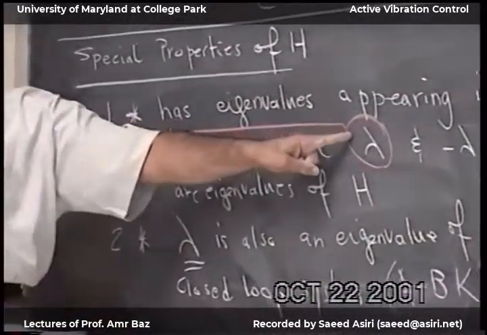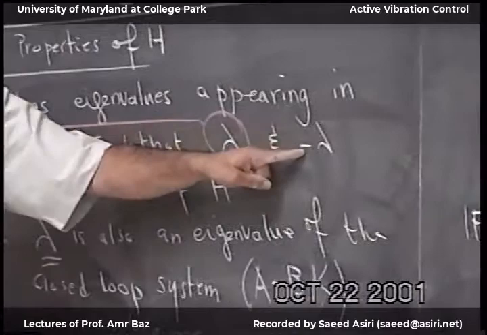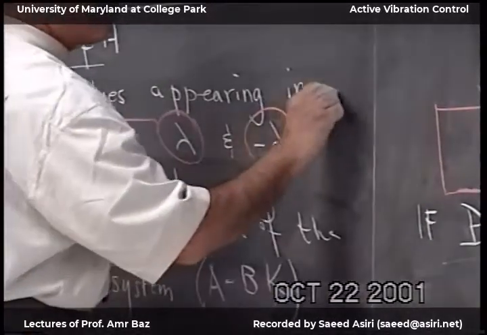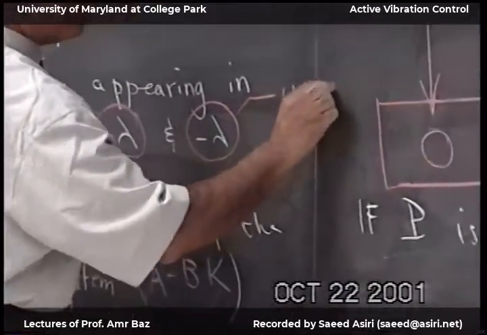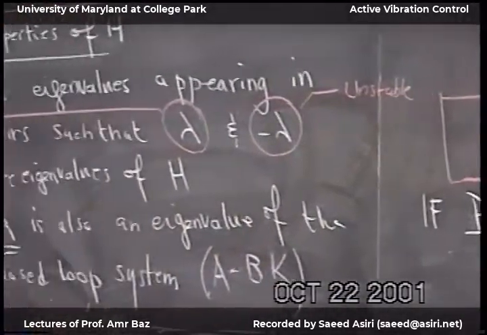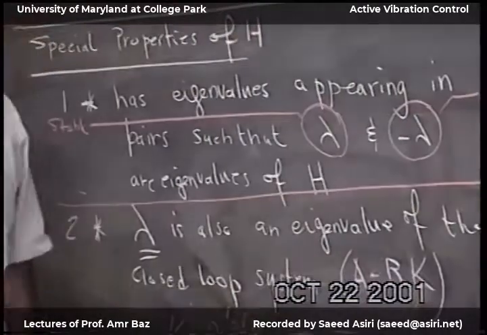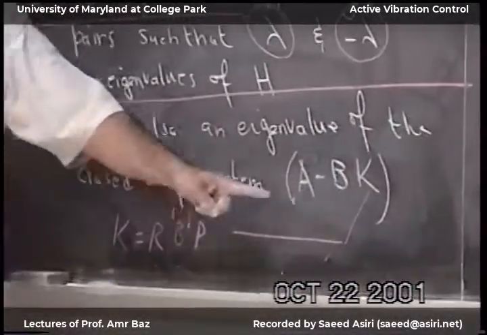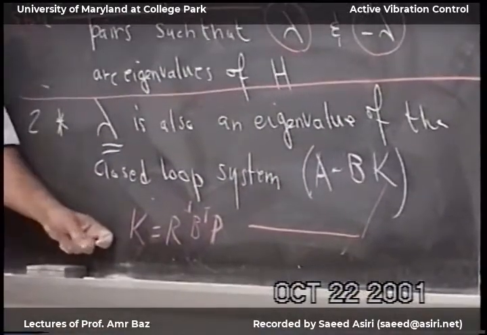Because if this has negative real part, then this will have positive real part and it will be unstable. And I will show that this lambda is also the eigenvalue of the closed loop system given by this equation.